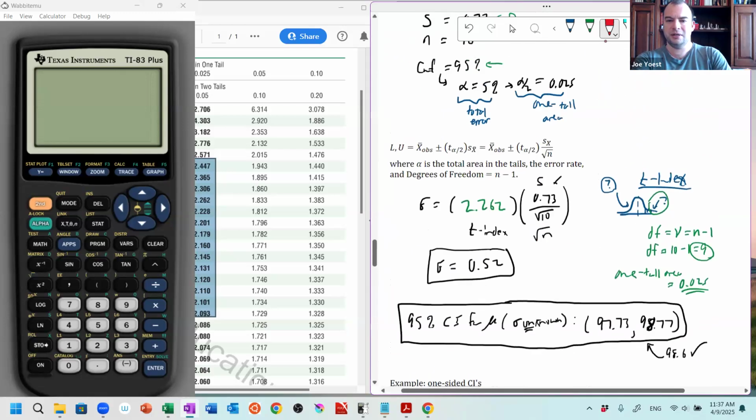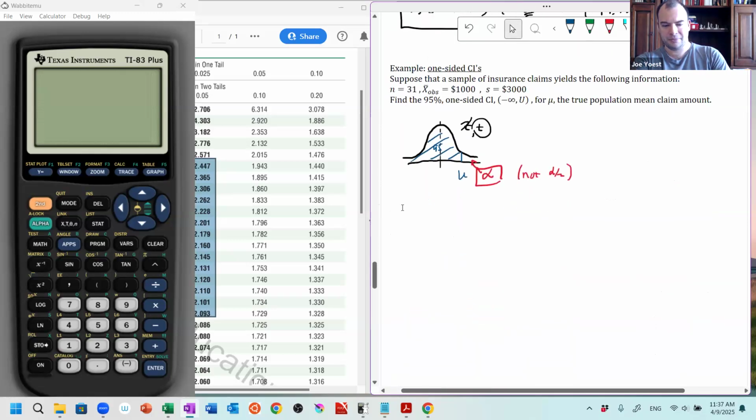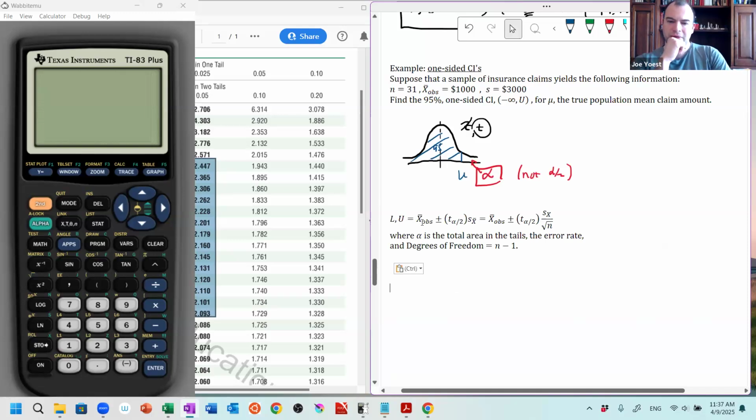What does that mean for my formulas up here? Let me copy this down. Well, all that it means is that instead of t subscript alpha over 2, it's just t alpha. Alpha is just the area in the single tail, the error rate. Degrees of freedom is still n minus 1. And here I would say L or U, depending on whether I'm talking about a lower bound or an upper bound.